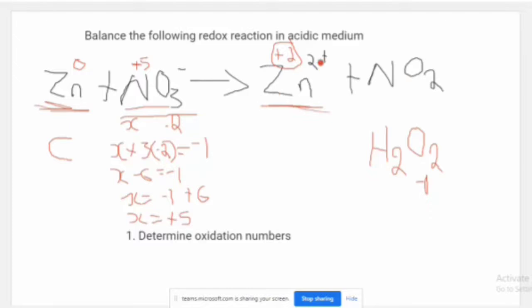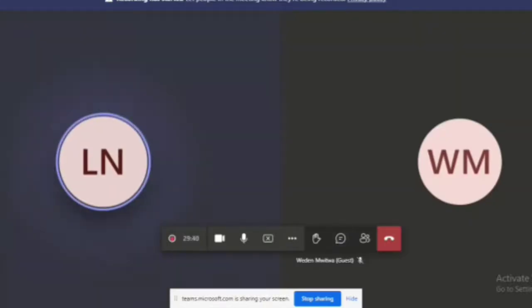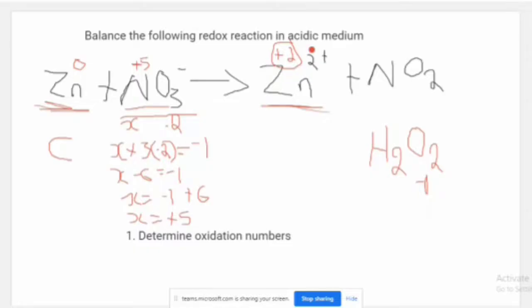So we said the oxidation state of an ion is going to be equal to its charge. So the oxidation state for zinc is +2. Is it clear? Yeah, yeah.